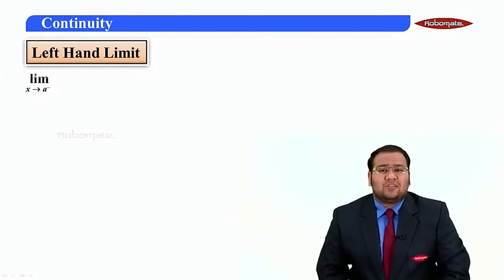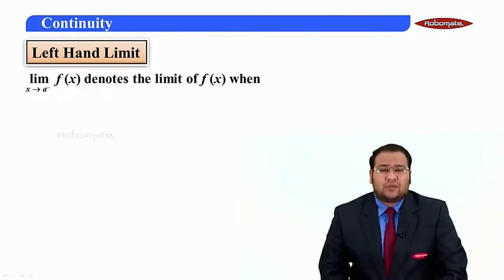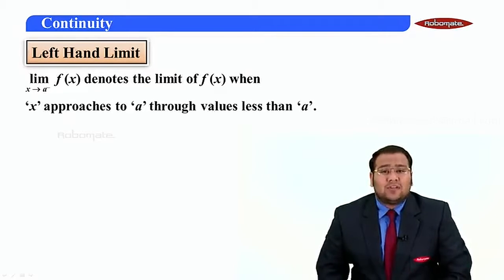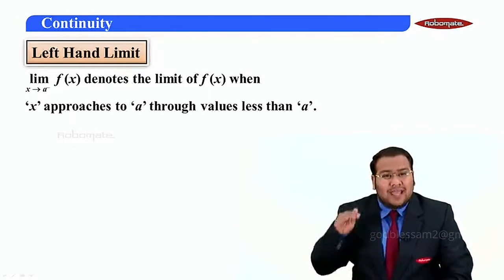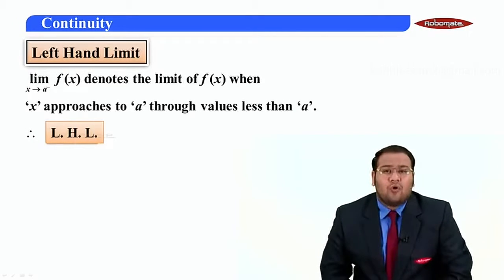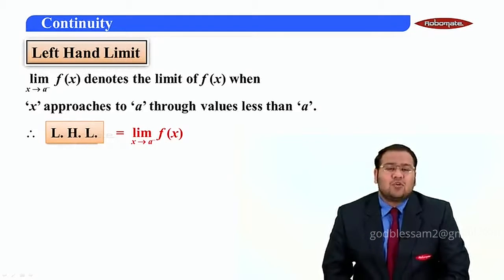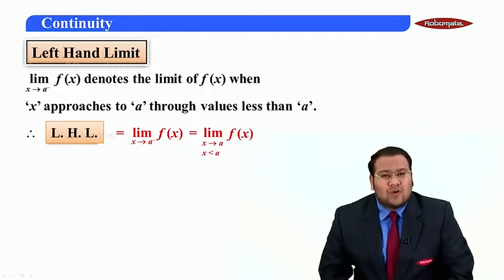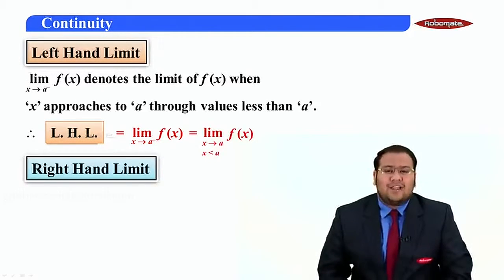The expression limit x tending towards a minus of f of x denotes the limit of f of x when x is approaching a through values less than a, and hence it is the left hand limit. I can also write it as limit x tending towards a, where x is less than a, of f of x.